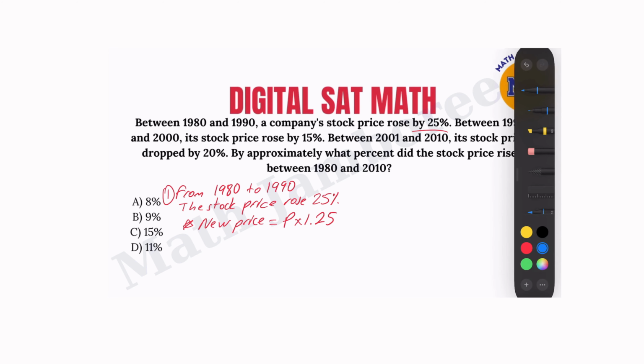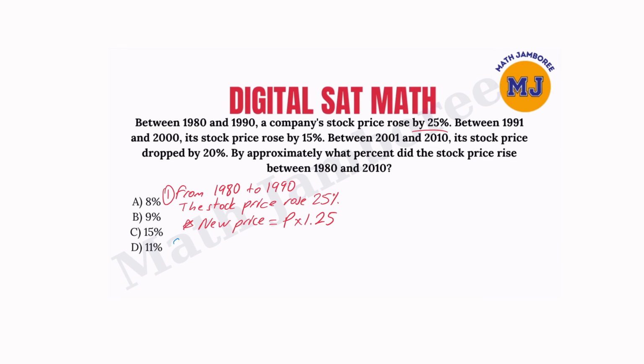I'm going to show you the second period of time in a different color pen. Number two, from 1991 to 2000, not 1990, it's 2000. What happened here was the stock price rose by 15%.